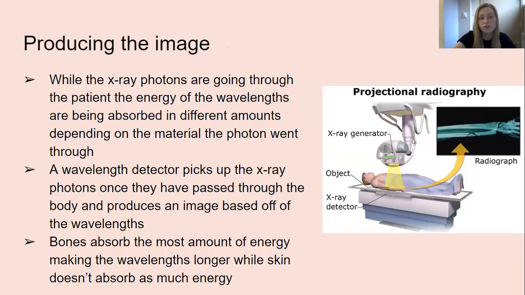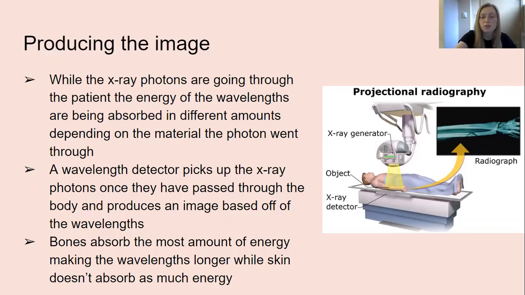Producing an X-ray image: while the X-ray photons are going through the patient, the energy of the wavelengths is being absorbed in different amounts, depending on the material it is going through. A wavelength detector picks up on X-ray photons once they have passed through the body and produces an image based off of these wavelengths.